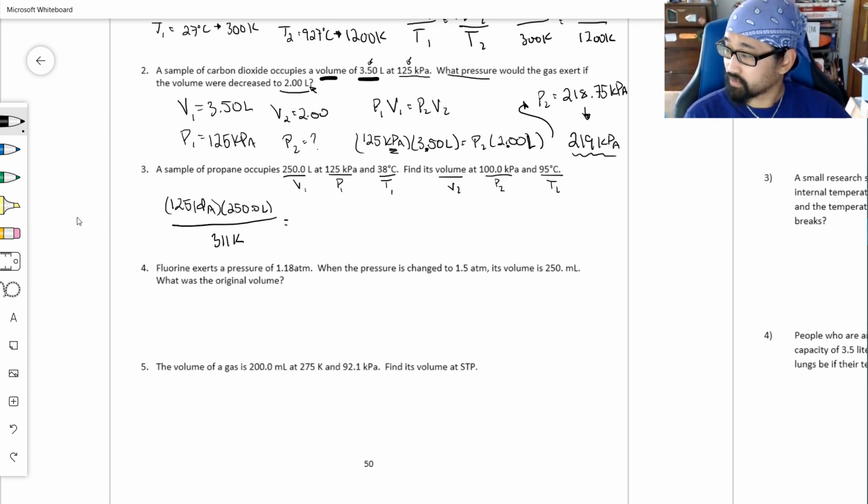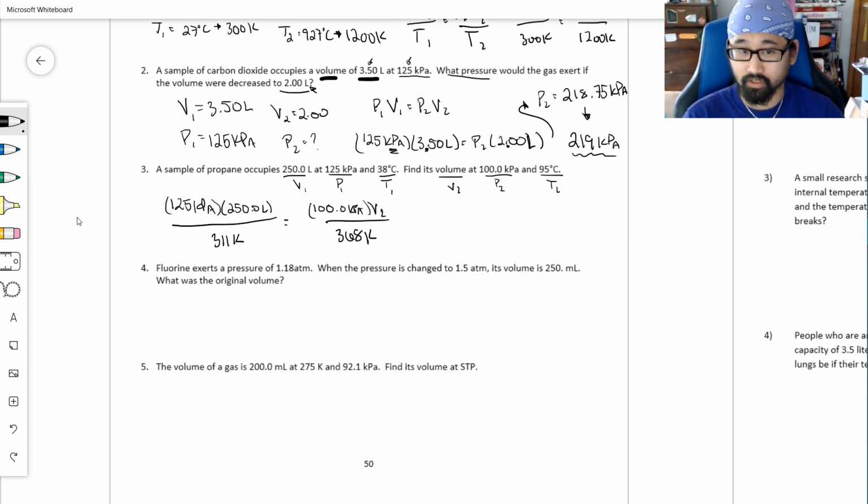That equals 100 kPa times V2 divided by 95 degrees Celsius, which turns out to be 368 Kelvin. Now you can do math with the Celsius numbers, and in this case you'd get an answer.